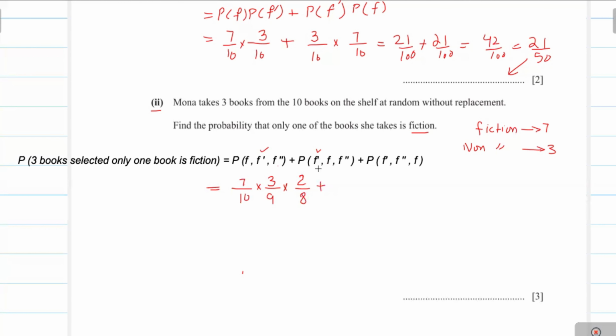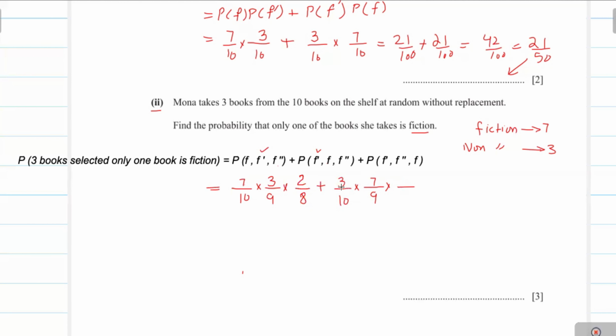Next is the probability of non-fiction books. Non-fiction books here are 3 out of 10. Next is the probability of fiction books. The total fiction books here are 7. Total books here will be 9 because one is already selected. And next we select a non-fiction book because we have to select only one fiction book.